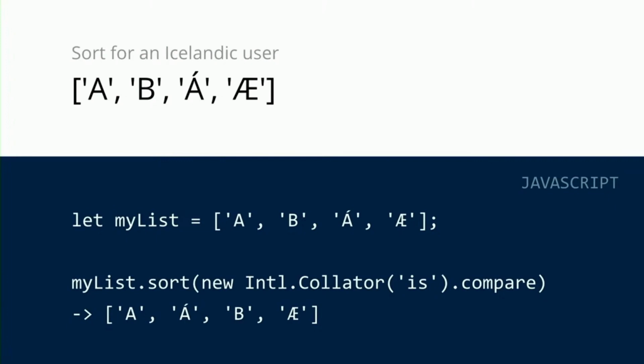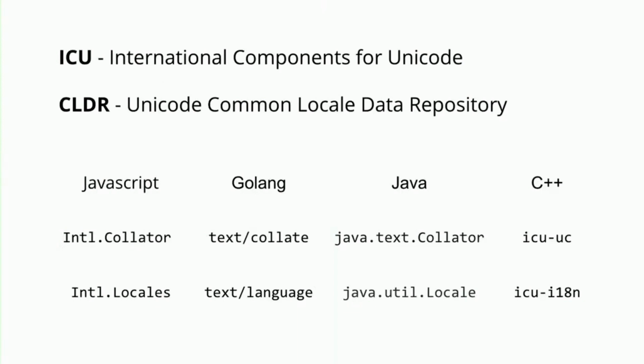These form part of a standard called two sets, the International Components for Unicode and the Unicode Common Locale Data Repository. And these are Unicode provided libraries for programming languages that help you do a lot of these internationalization tasks around how to handle characters in different contexts.